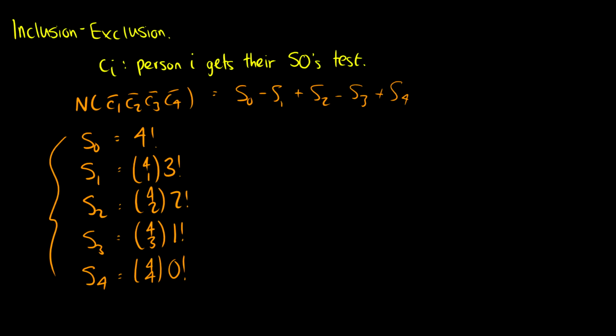S0 is going to be 24, minus 4 times 3 factorial, which is 24, plus S2, which is 6 times 2, which is 12, minus S3, which is 4 times 1, plus 4 choose 4 times 0 factorial, which is 1. So this is actually going to be 9 possible ways. And of course, if I did the brute force method, I would have come out with 9 as well.